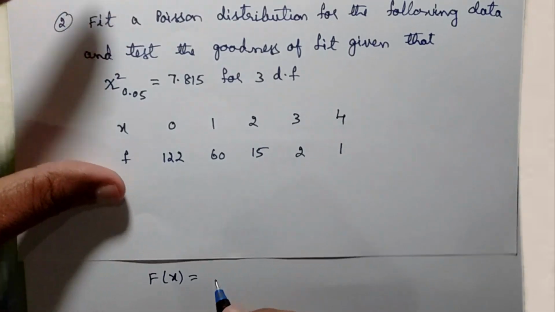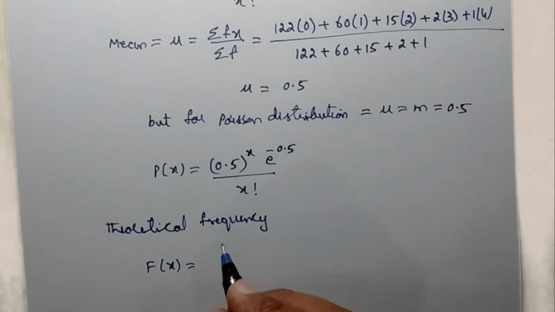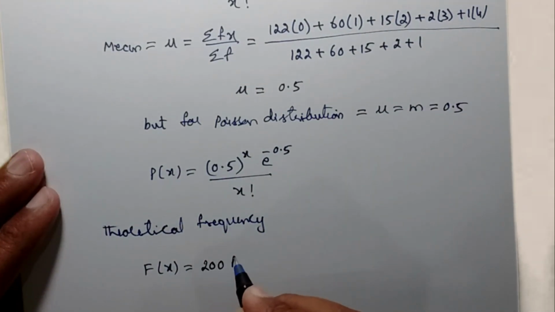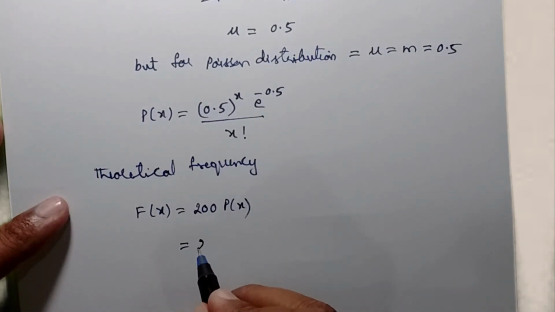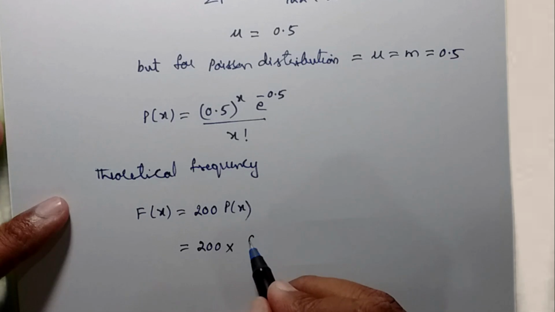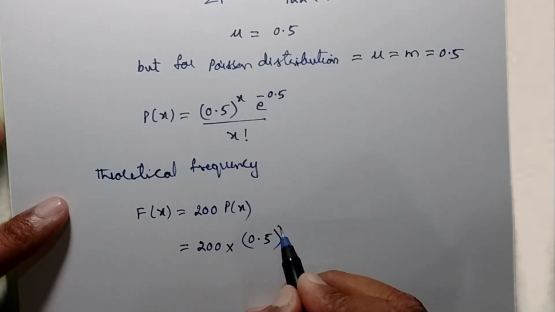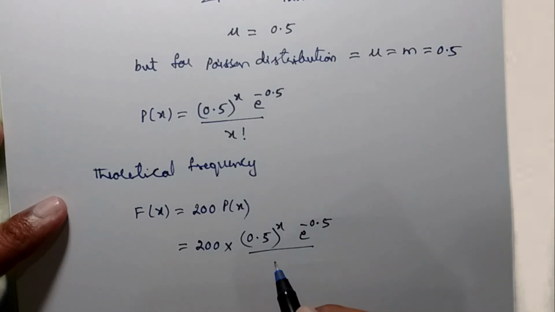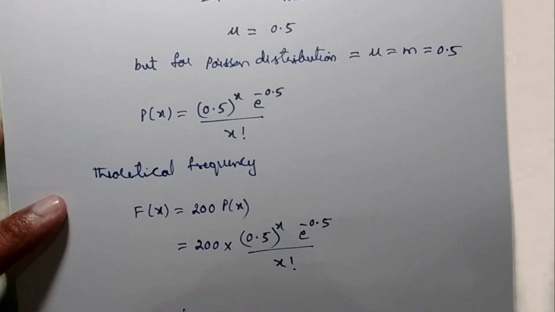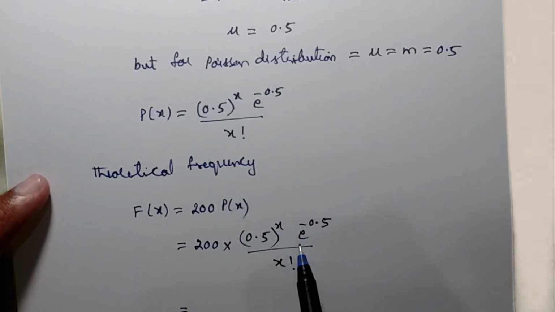Therefore you'll be getting 200 times p of x, which equals 200 times 0.5 to the power of x, e to the power of minus 0.5, divided by x factorial. Or it is better to multiply 200 into e to the power of minus 0.5 and keep it.